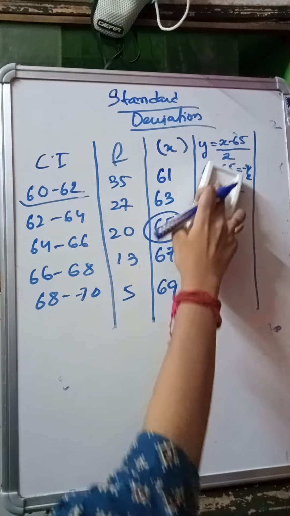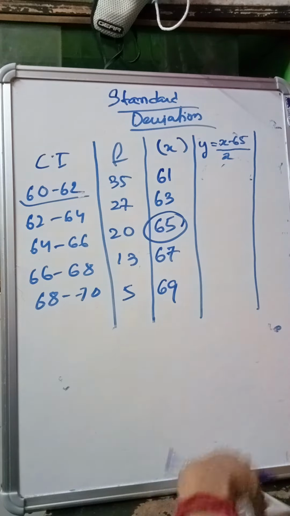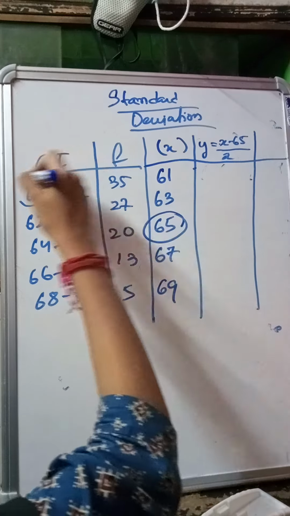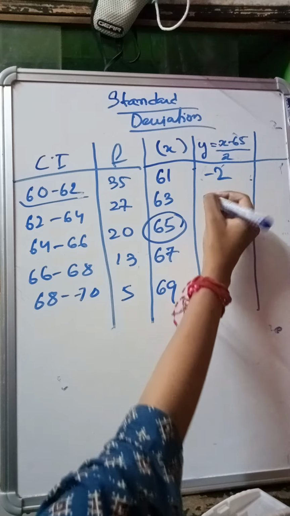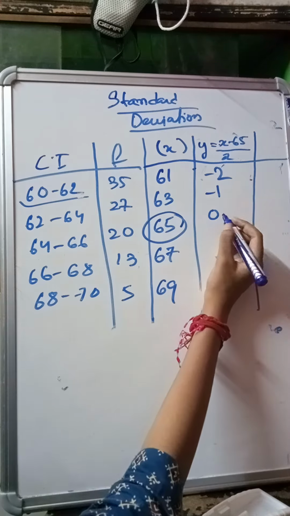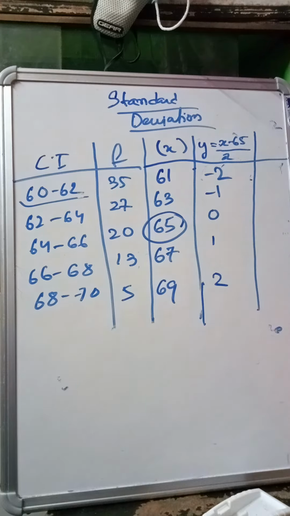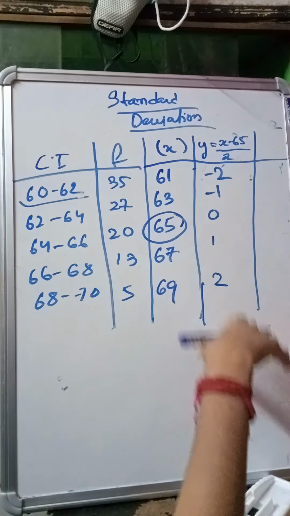So you have seen how we are calculating. In this way we will calculate the rest: minus 2, minus 1, 0, then 1, then 2. See, now the values of the variable have reduced a lot, and it is very easy to handle.